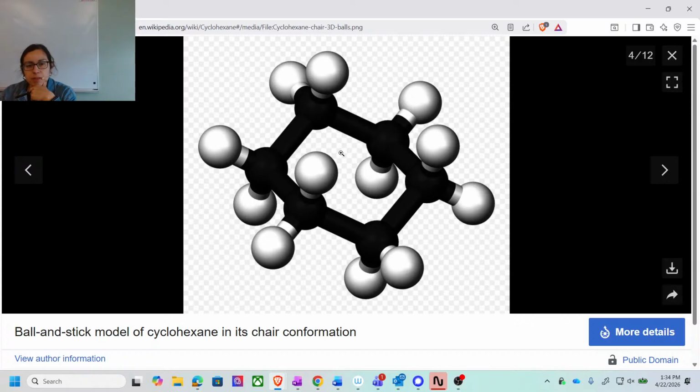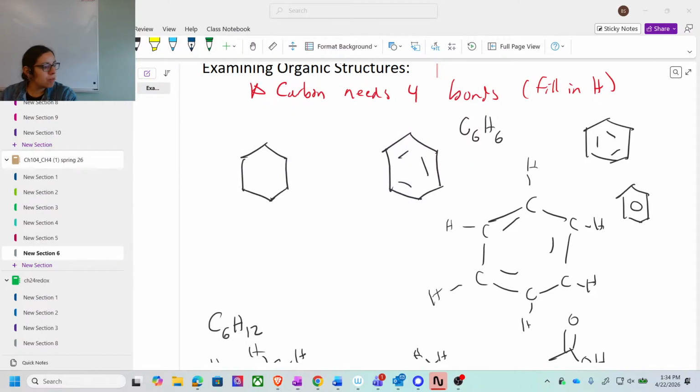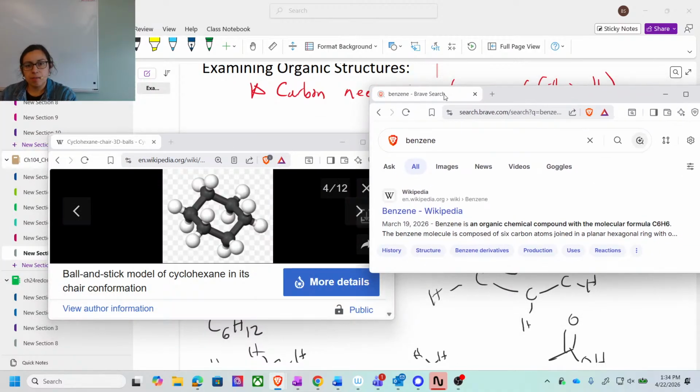It either comes in this chair conformation, or boat if it's more strained. All I'm saying is it has 3D character, which isn't really shown in that picture, versus benzene. So benzene is actually flat.